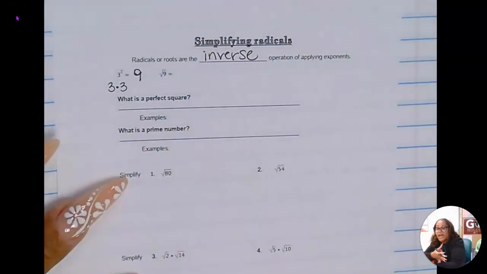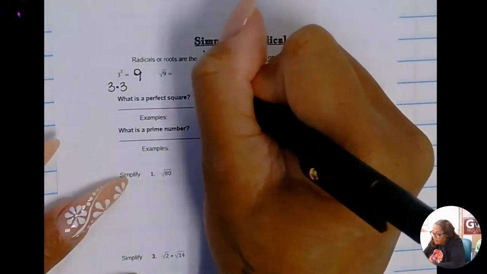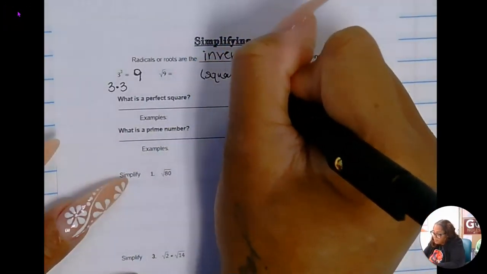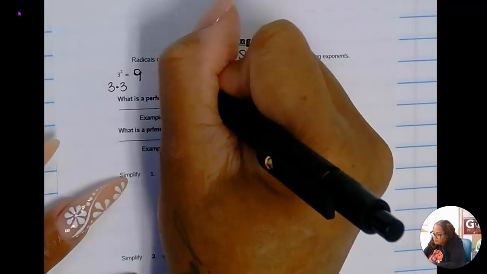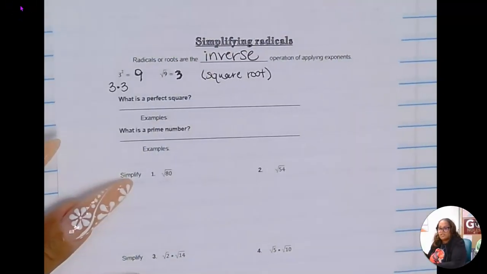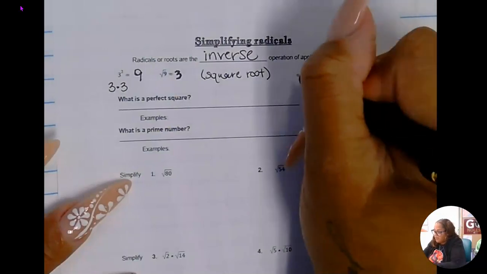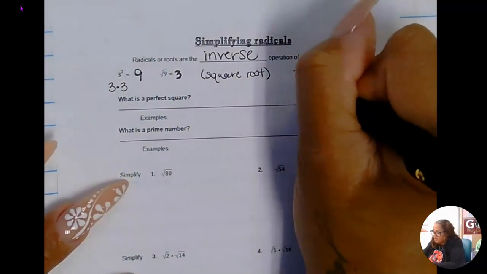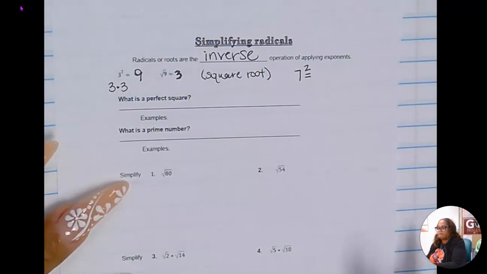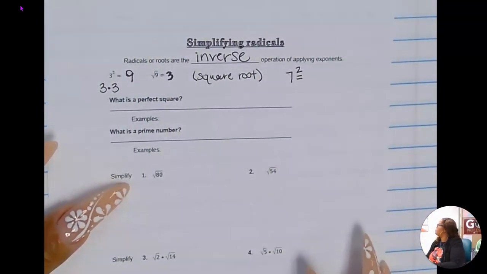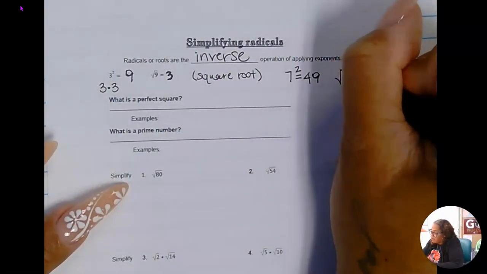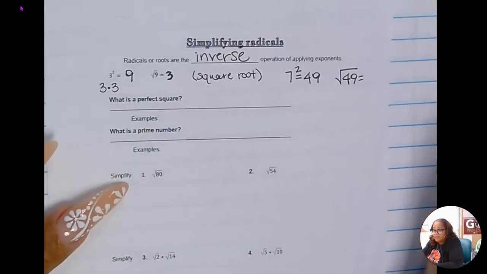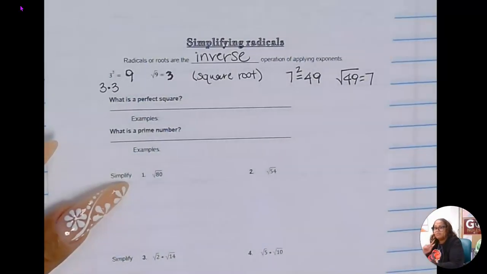Then if I undo that, that means the square root of 9, I'm going to get 3. Okay, that's just taking it and going backwards. So if I say 7 squared, what is 7 squared? We just wrote it down. How much? 49. So then the square root of 49 would be 7. Okay, easy peasy lemon squeezy.